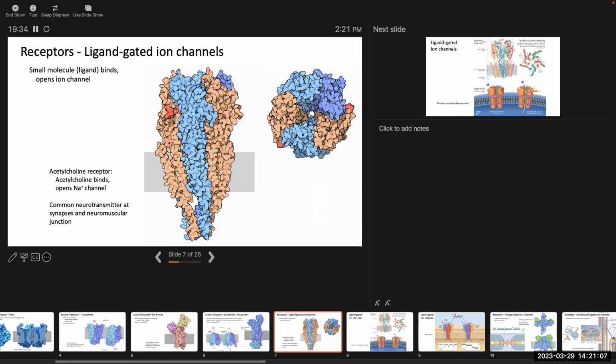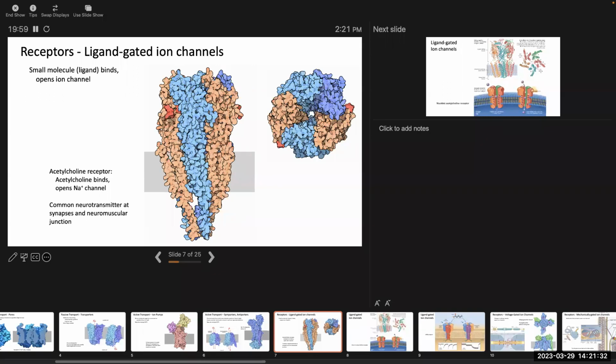It's also the receptor that you find at the neuromuscular junction. So same kind of thing, you have a nerve that is innervating a particular muscle. And what we mean by that is that when there's an action potential that comes down through that nerve, it then releases acetylcholine into the neuromuscular junction.